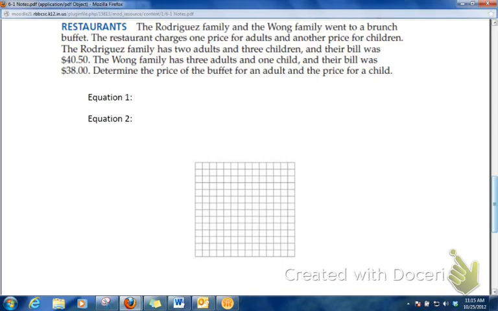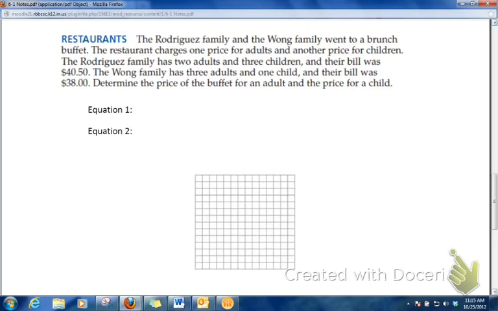So, problem number 8. There's actually a couple things I want you to change so that this problem works out a little bit better. Just read this along with me because you'll make the changes as we go along. It says the Rodriguez family and the Wong family went to a brunch buffet.